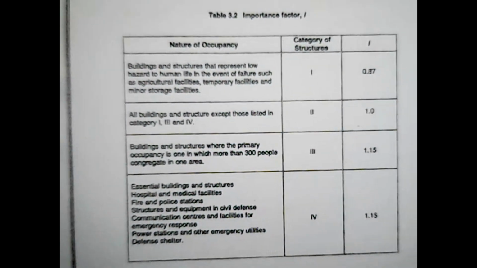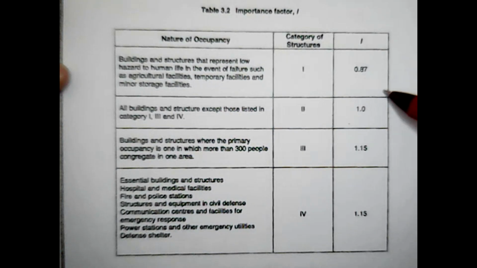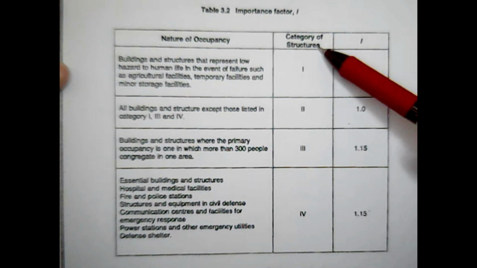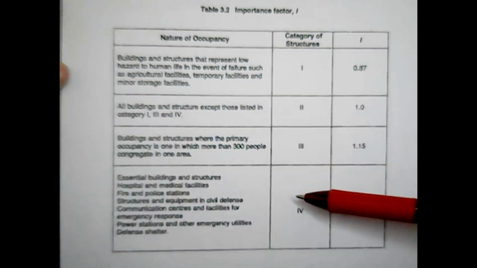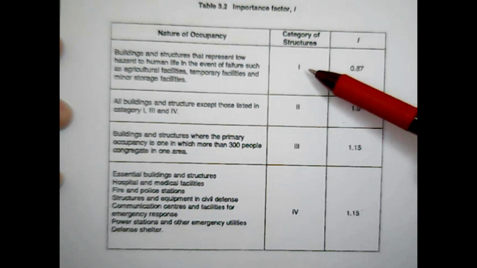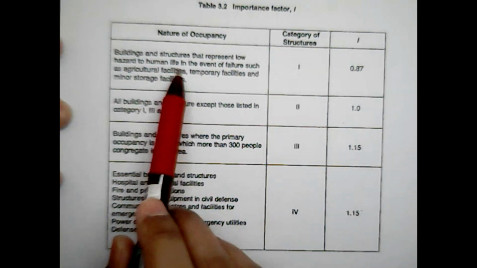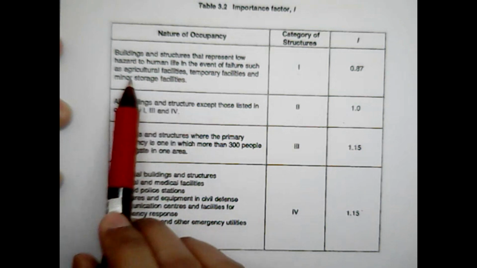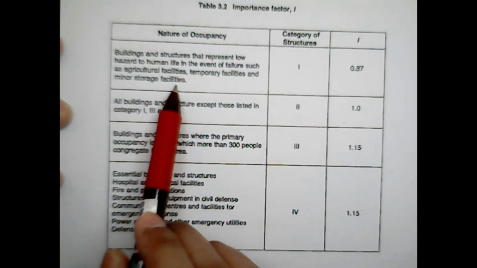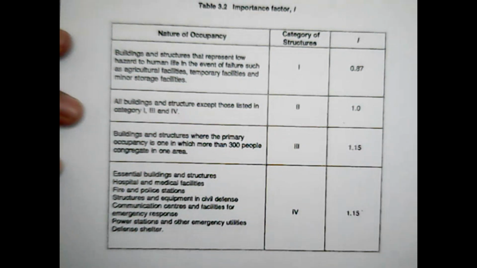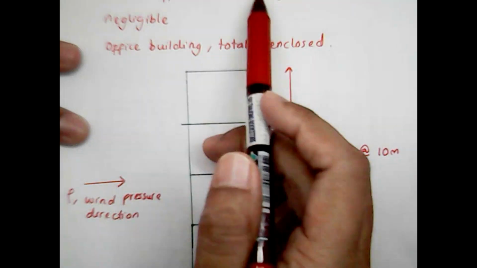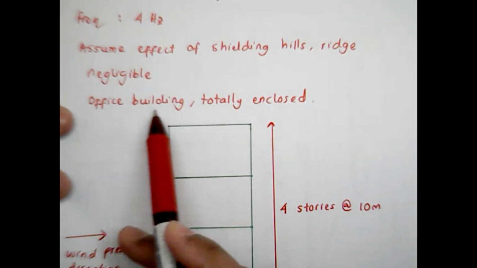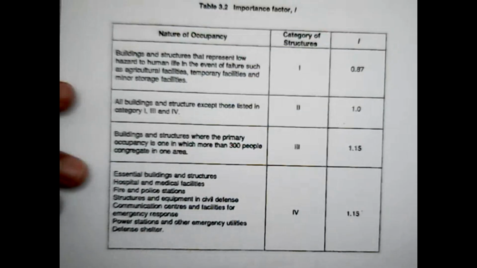So you can find the value here, the factors for the occupancy, and it is based on the category of structures. The first one is for agricultural facilities and minor storage facilities, which does not represent our category of building, which is located at Ipoh, and it is an office building, totally enclosed.